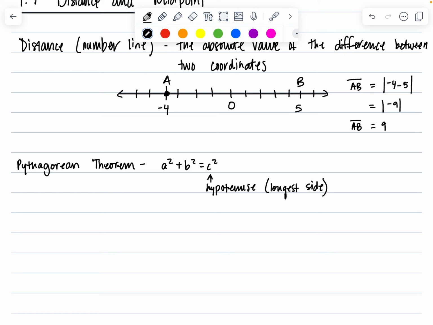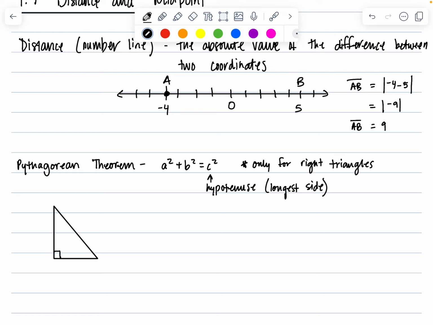So if we have, for instance, this triangle here, let's also put a note here. This is a star: only for right triangles. That means we have a right angle in the triangle.